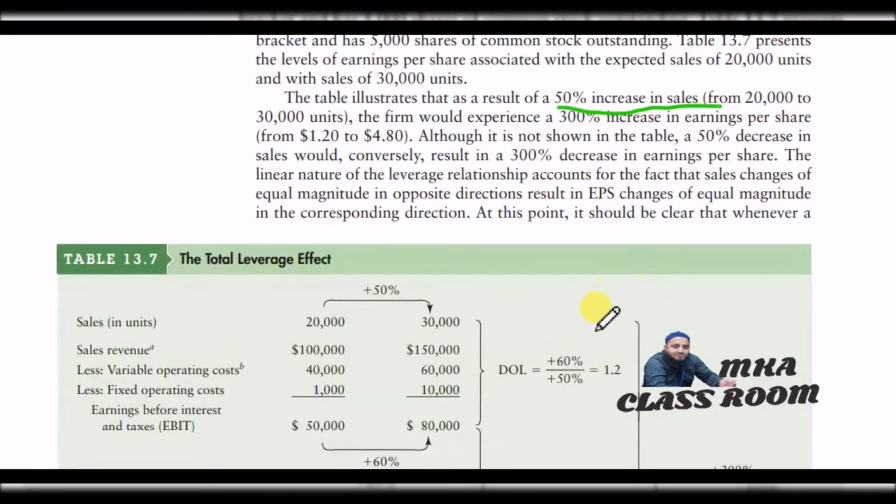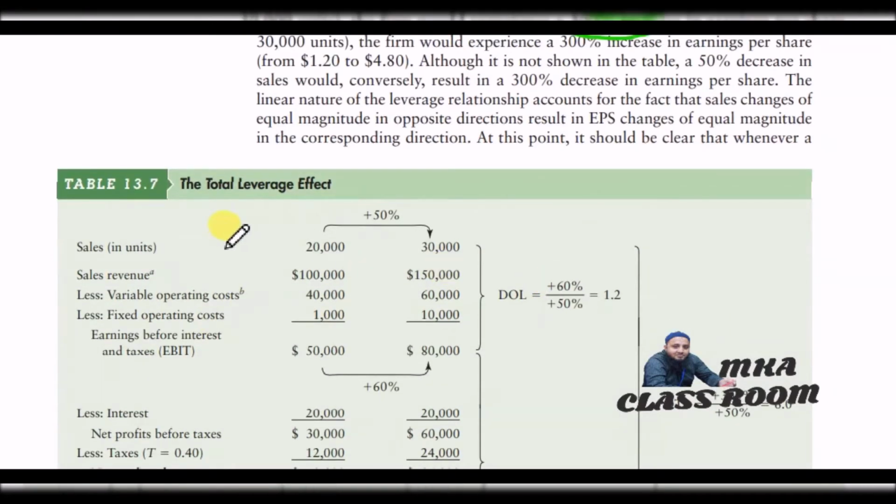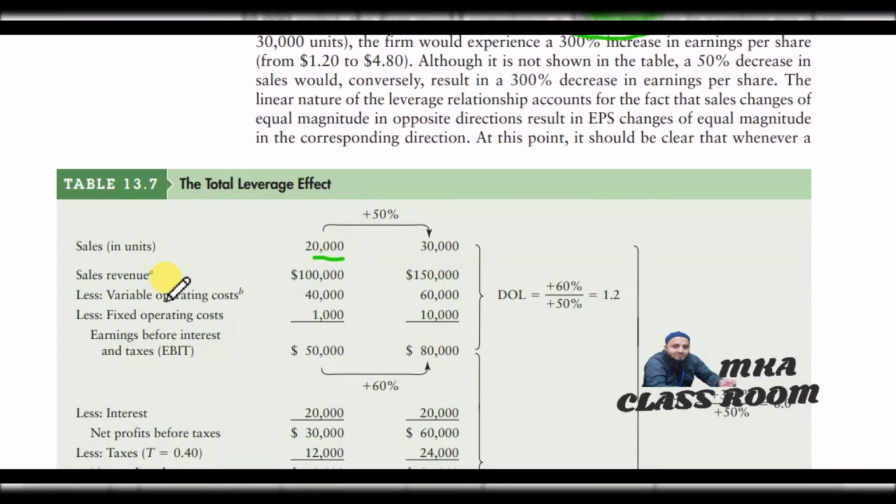So here we are seeing the total leverage effect. In sales, we have 20,000 units, then sales revenue 20,000 into 5, 1 lakh.